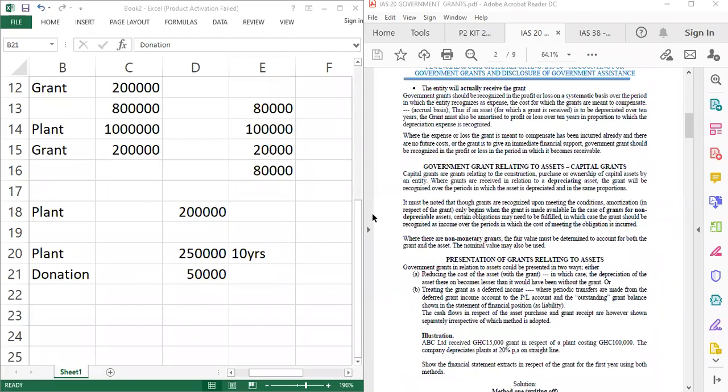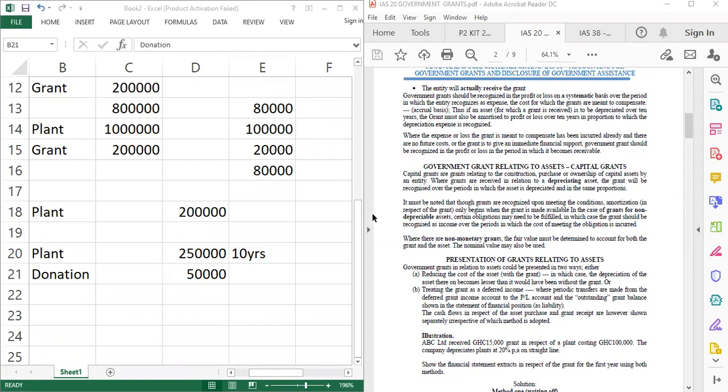Some people might see it and question how you have treated the donation. So it will be advisable for you to assume that the donation is a grant. You amortize it because it's given in relation to plants. So the plant is 10 years. You amortize the donation over 10 years, or you subtract it from the cost of the asset and then depreciate the net amount.